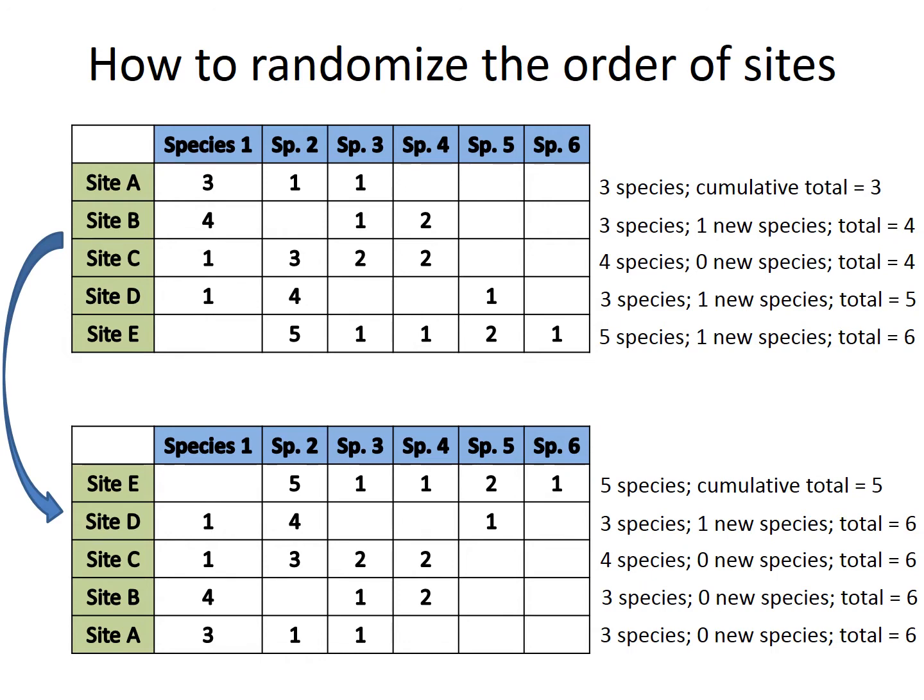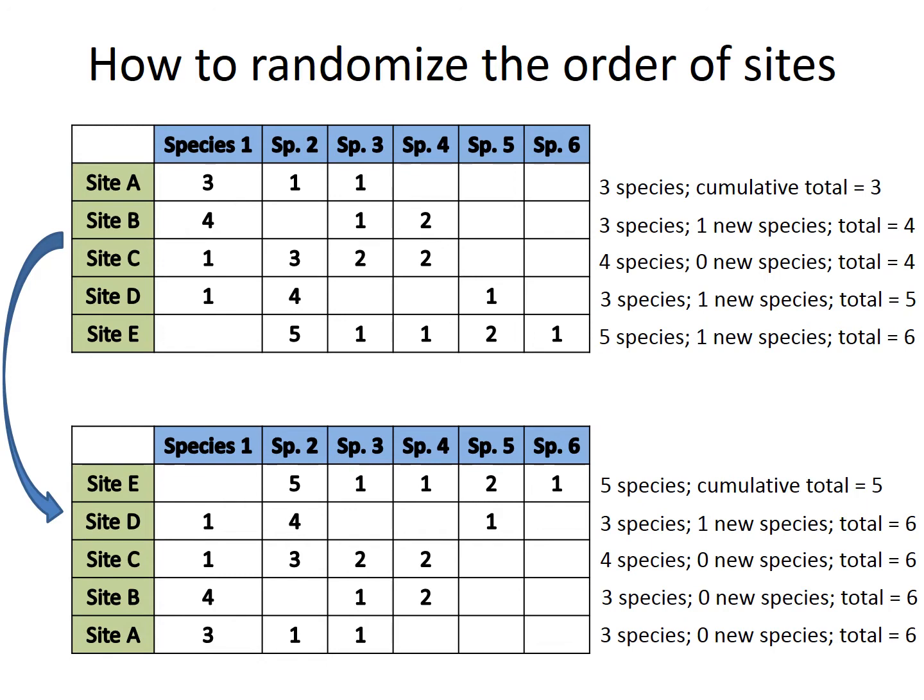If you look on the right-hand side, we have very different patterns of species accumulation. For the top grid, the cumulative species richness goes from 3 to 4 to 4 to 5 to 6, whereas for the bottom order of sites, the first site has 5 species, and after the second site is added, the curve levels off.